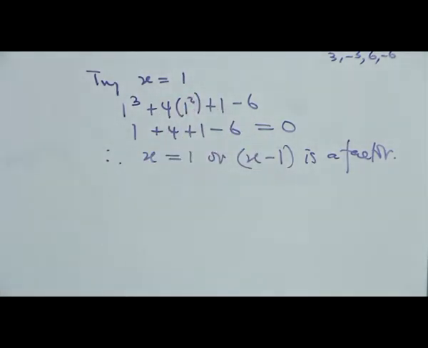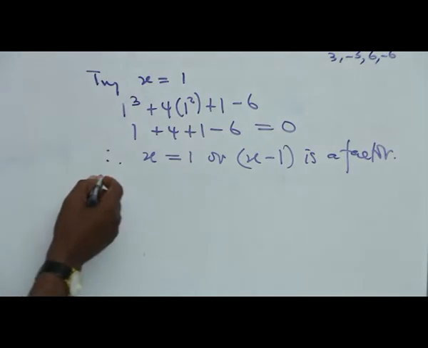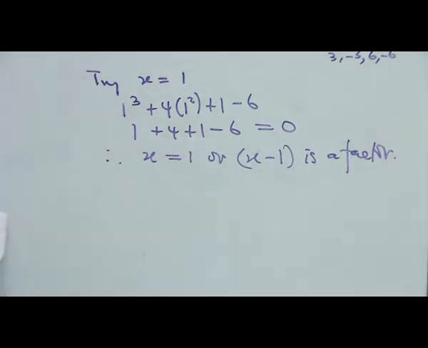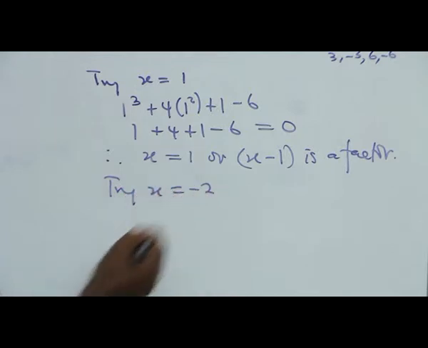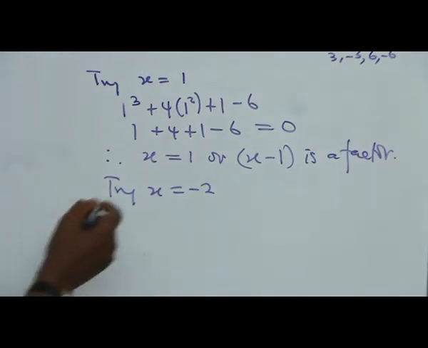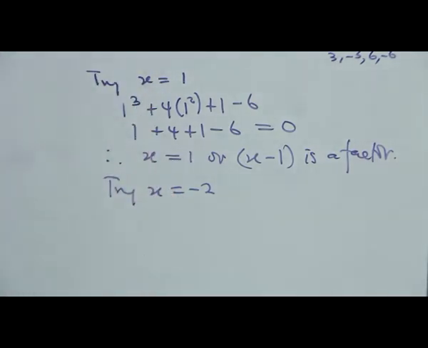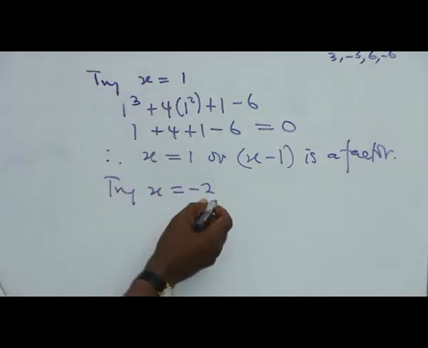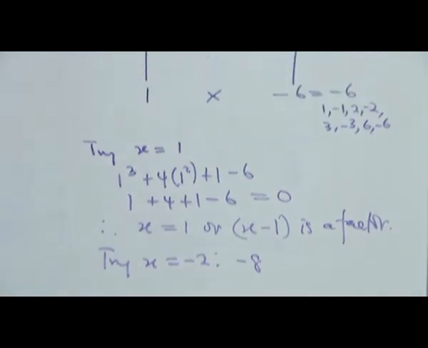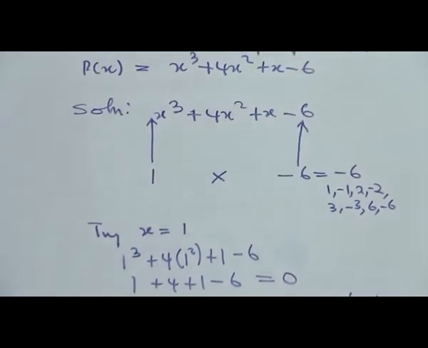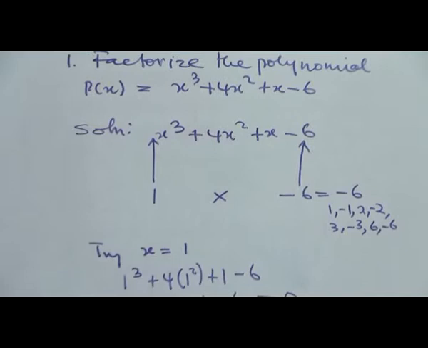Let's try s equal to minus 2. If you put s equal to minus 2, what will happen? Minus 2 cubed will give you minus 8. Minus 2 squared is 4, and 4 times 4 is 16.